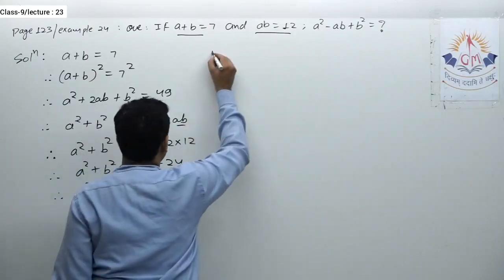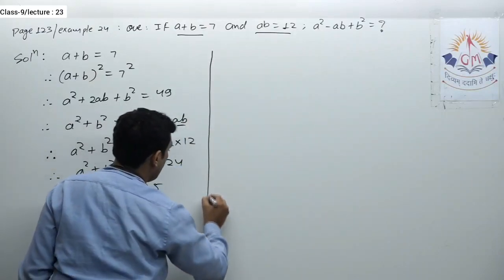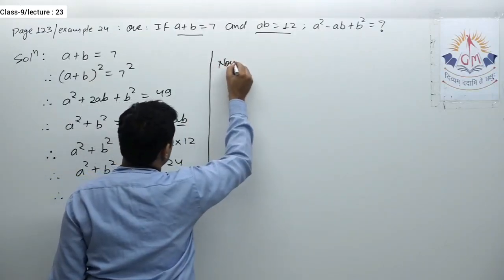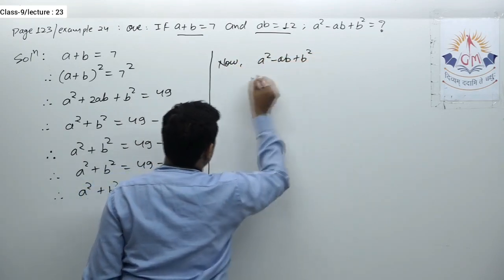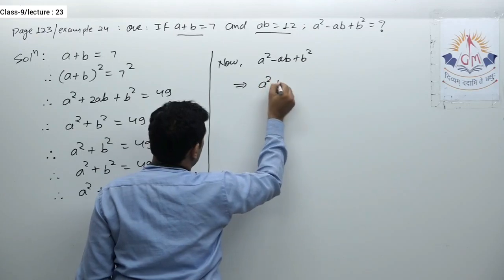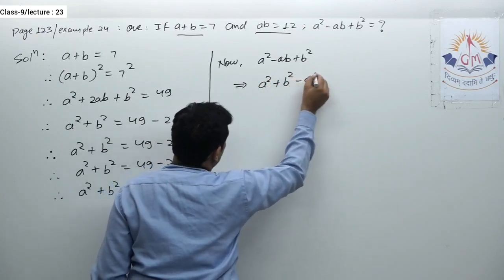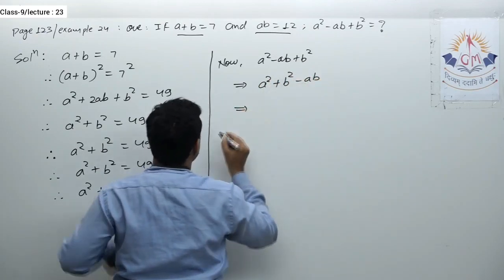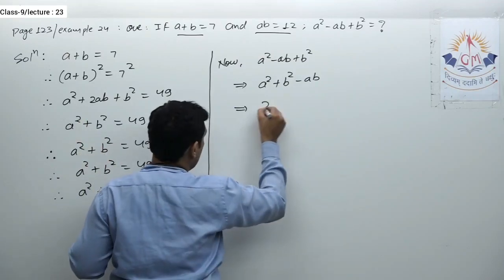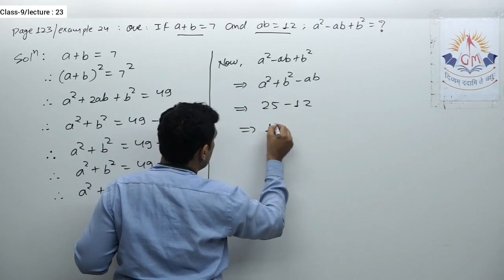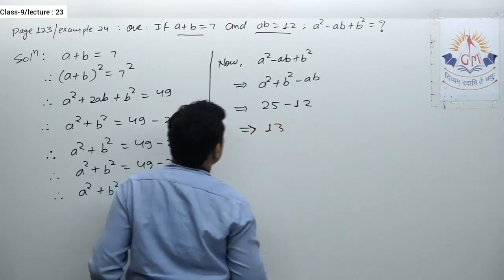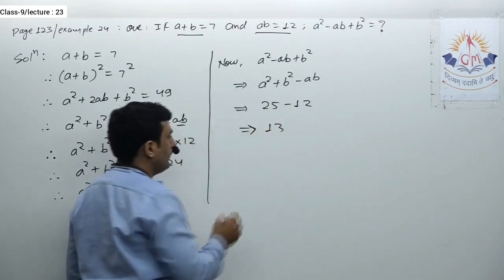So now I can find what they are actually asking. So now a square minus ab plus b square, first of all I write it this way and then I put the values. Now a square plus b square I obtained as 25 and ab is 12. So this will be 13. The value of a square minus ab plus b square is 13.